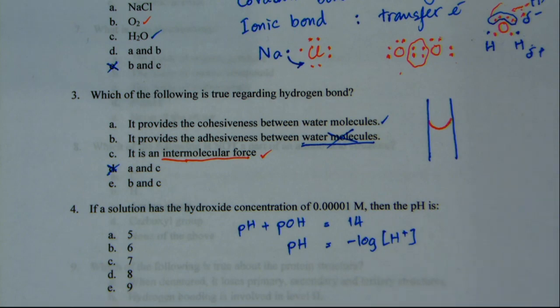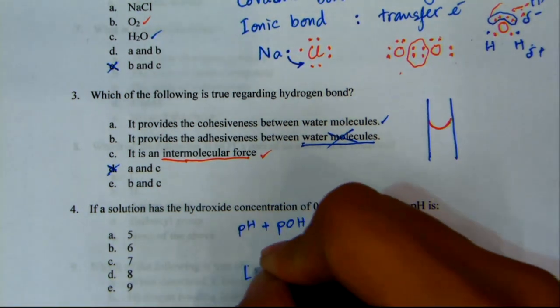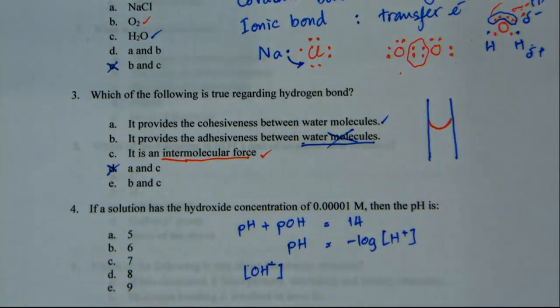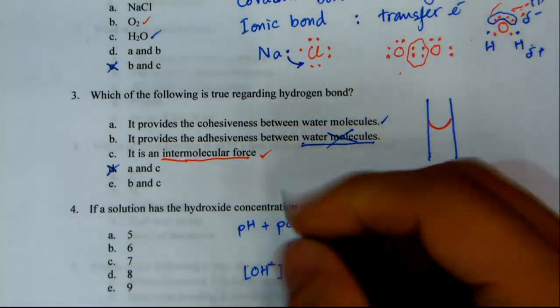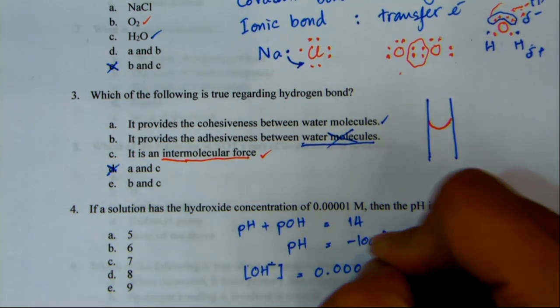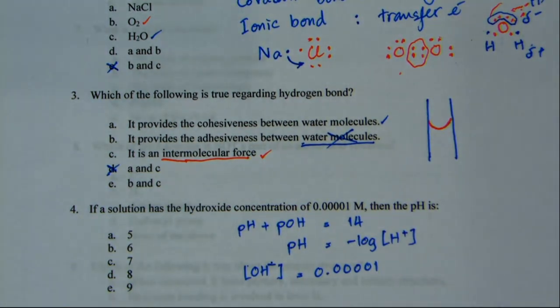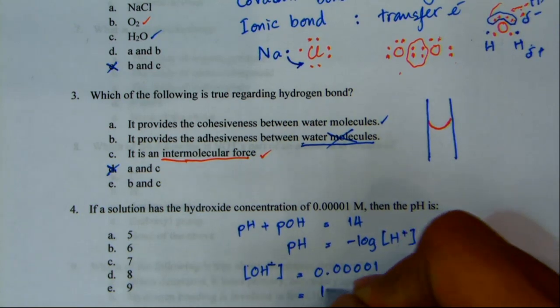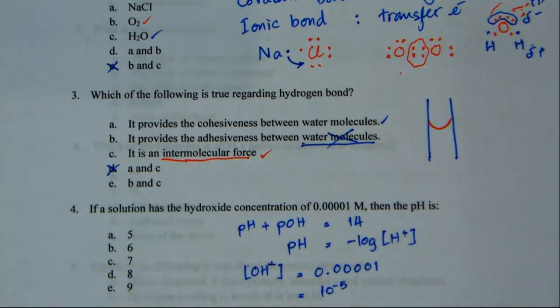Now we can start looking at the information given. They say the hydroxide concentration is 0.00001. So the concentration of hydroxide equals 0.00001, which equals 10 to the negative 5, right?